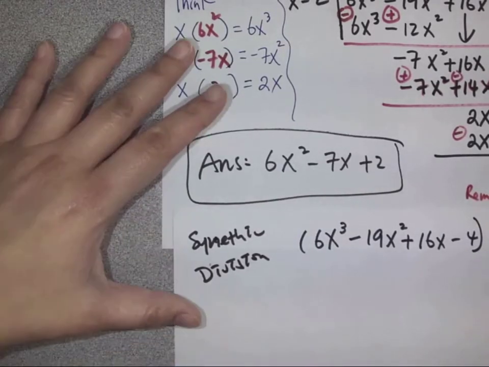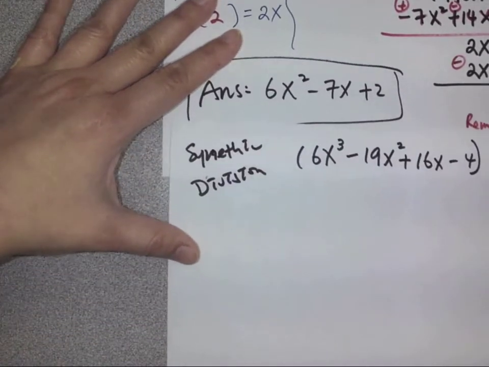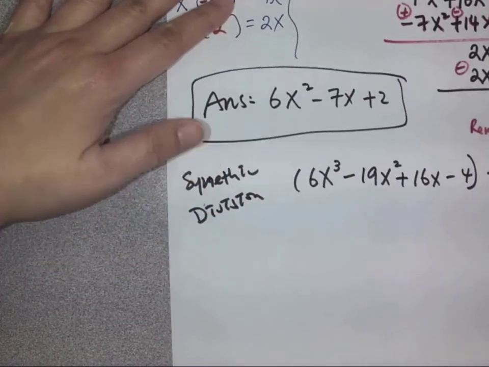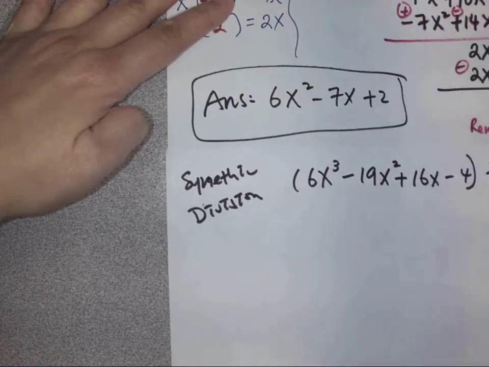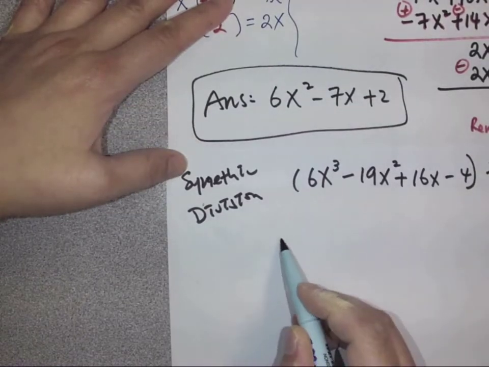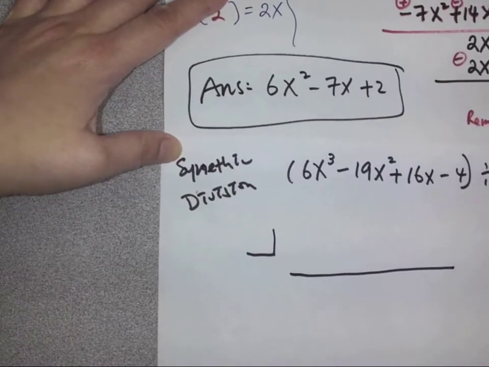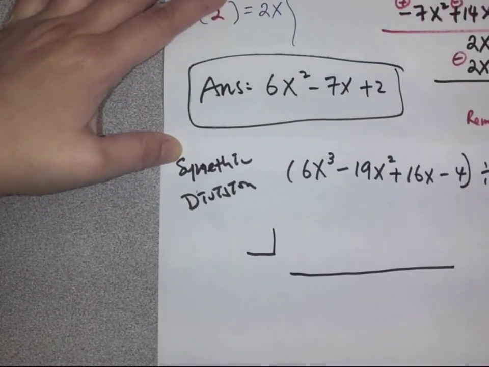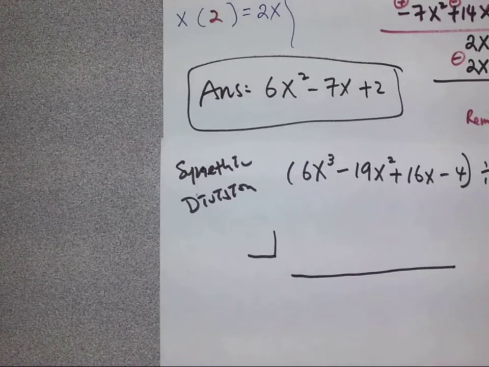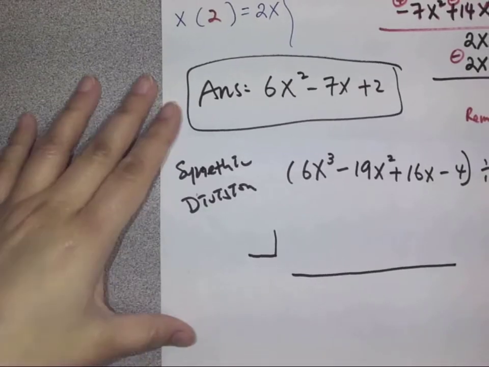And last time we told you synthetic division, we put it in a very specific form. It's considered a shortcut for long division. Once you master it, it's a quicker way to solve it, but because it's a shortcut, it doesn't work for all the problems. Some problems you have to use long division. That's why we have to show you long division also.